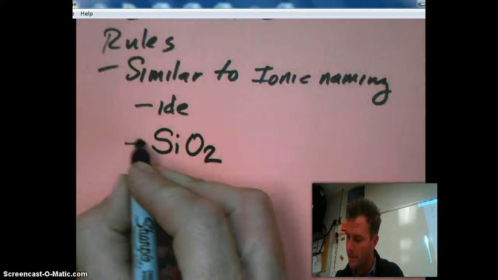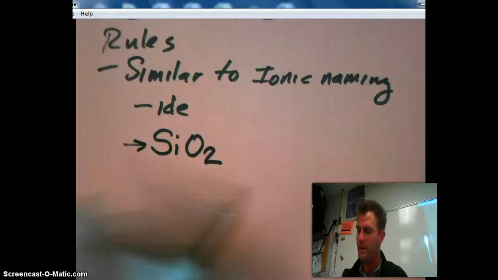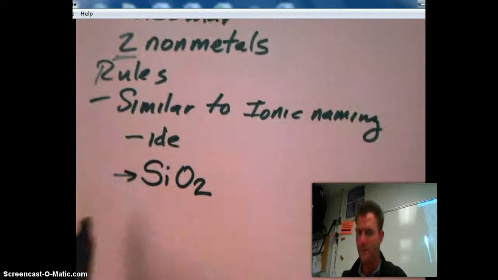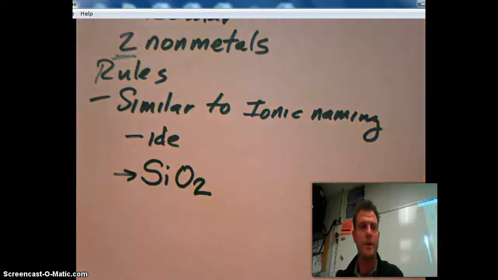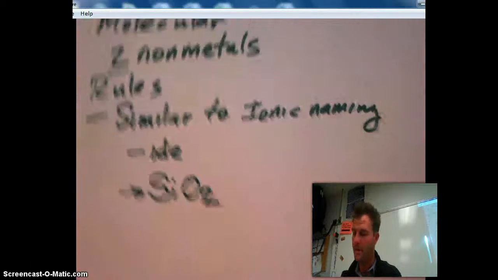Let's look at the first element. Is the first element to the right of the periodic table? Yes, it is. It is not a metal. So right there, you're dealing with two nonmetals. You need to ask yourself whether the first one is a metal or a nonmetal. Since it is a nonmetal, we know it's a molecular compound.